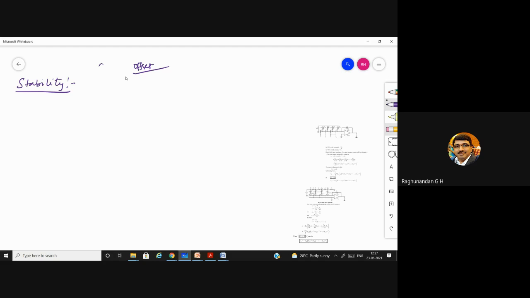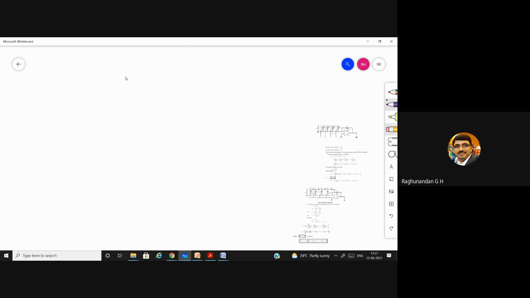During that time, we have to make some settings manually and make it stable. That is about the stability. These are all the basic things which we discussed till now.